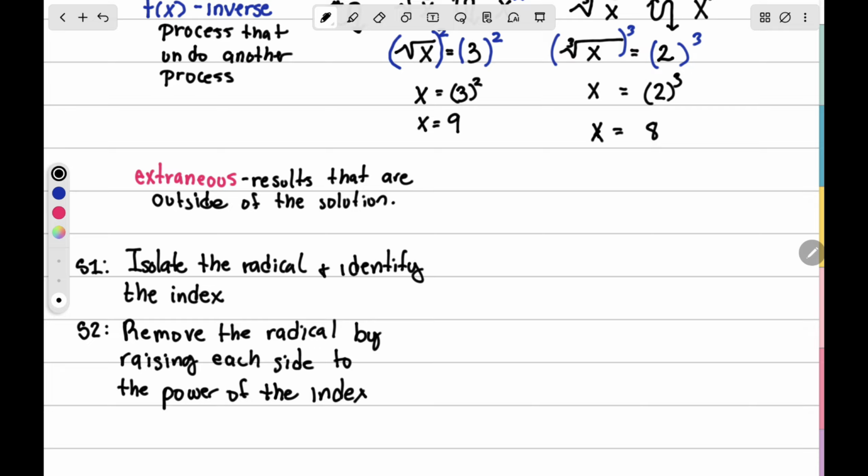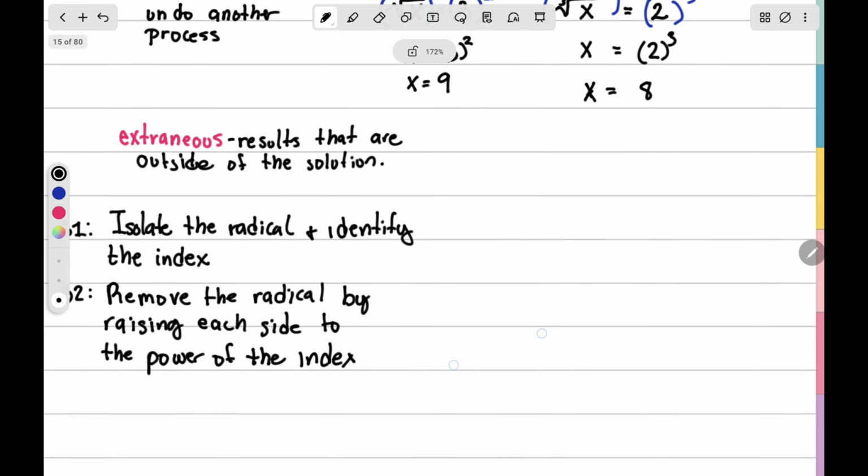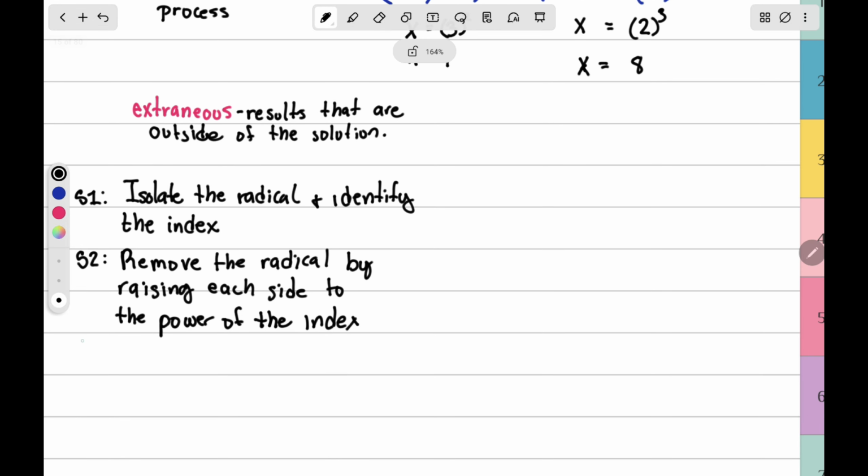All right. Step 3 is to solve the remaining equation.